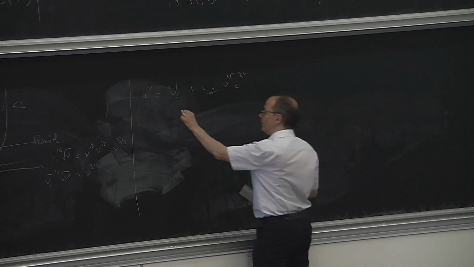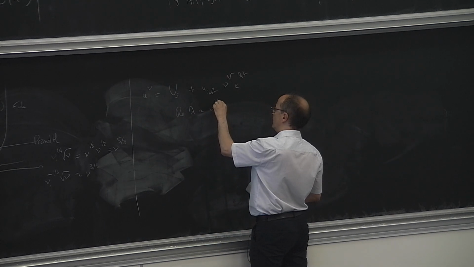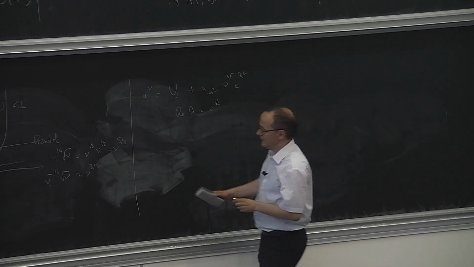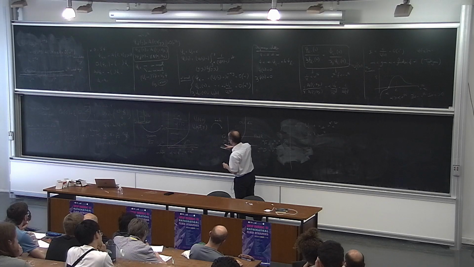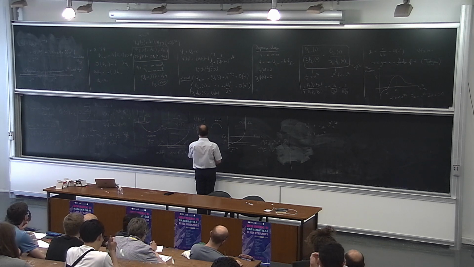And of course, the real part of lambda is of order nu to the 1/2, or 1/4. Sorry, yes, it is nu. So the velocity is nu to the 1 minus 1/2. So the speed of growth is nu to the 1/2.